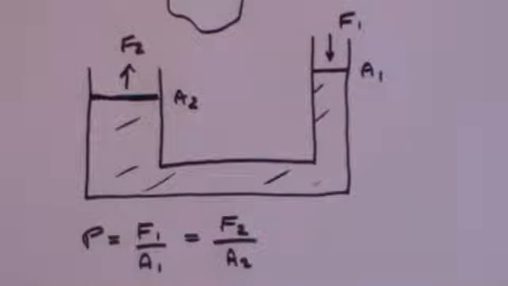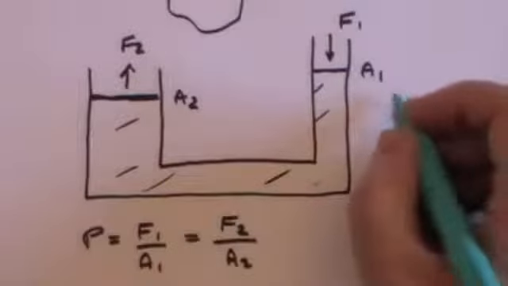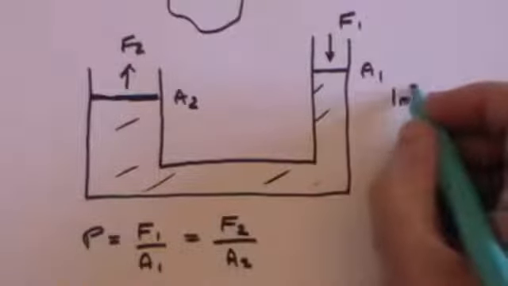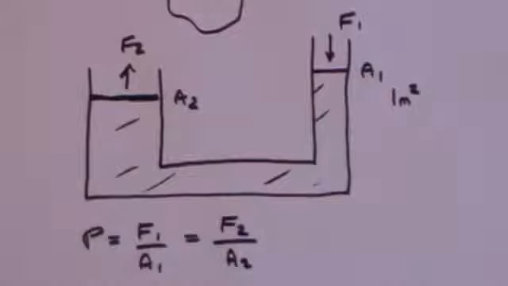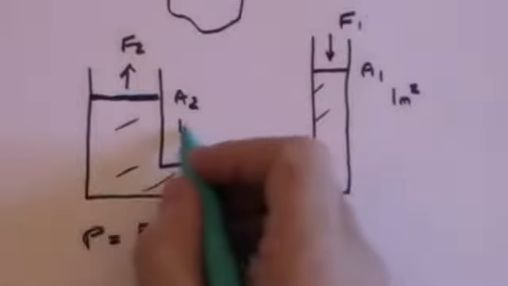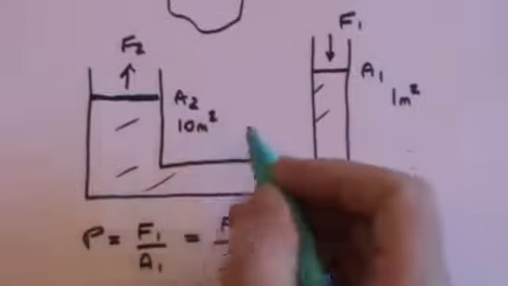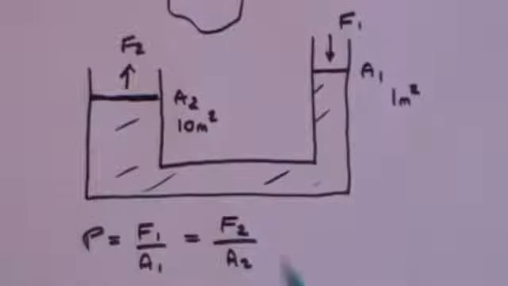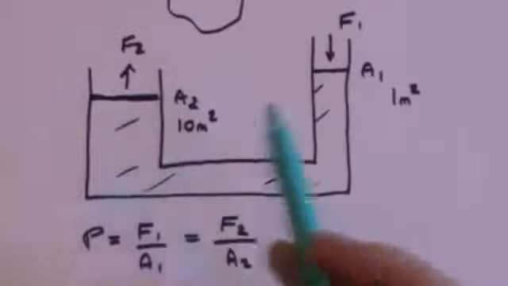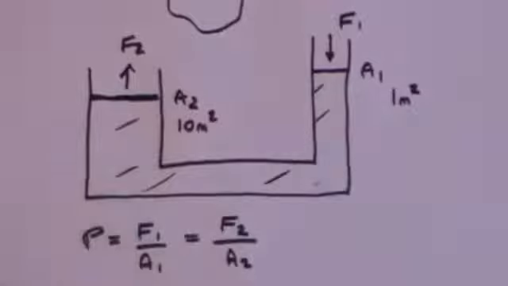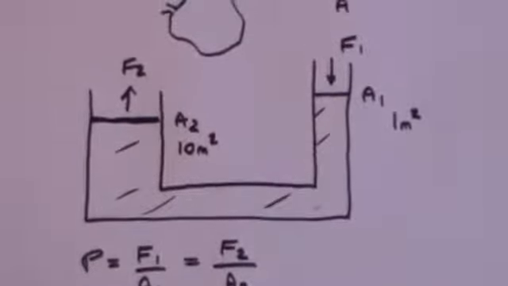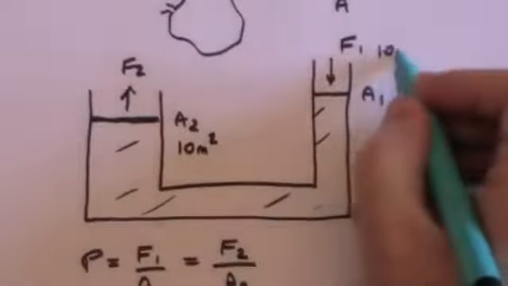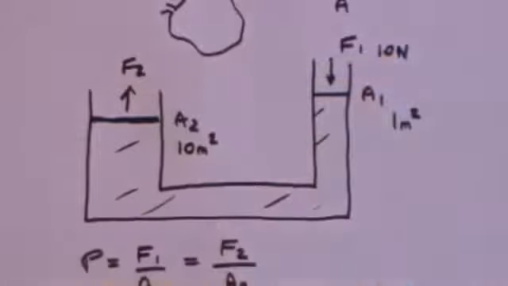Now let's suppose that the area here is 1 metre squared. And let's suppose that the area here is 10 metres squared. So the area here is 10 times the area here. And let's suppose I press down with a force of 10 newtons.